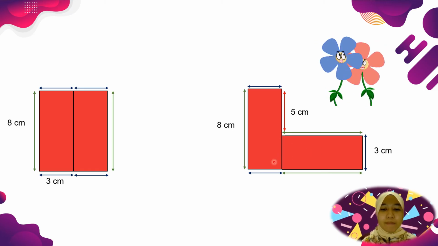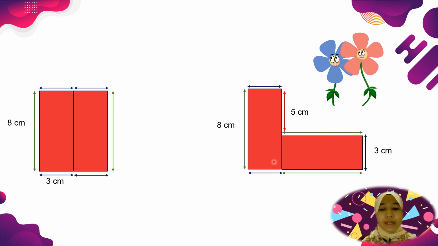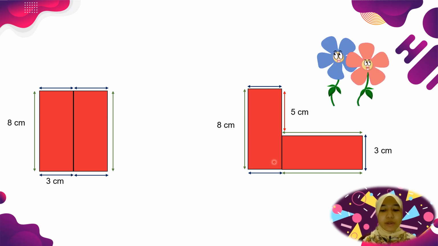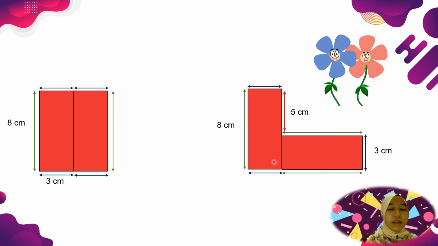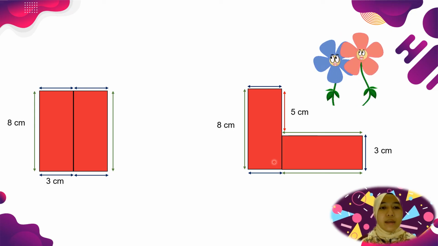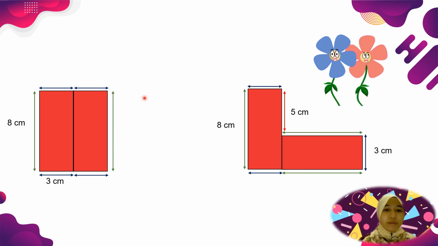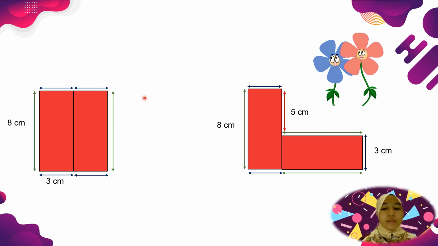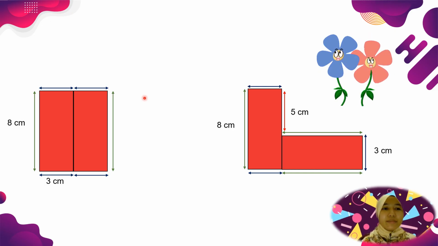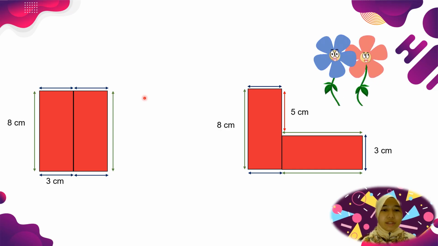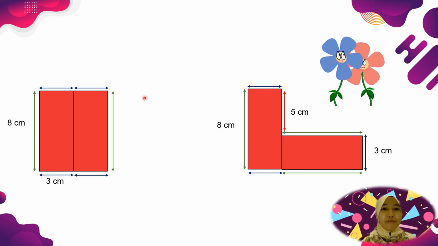This is just an example for your reference. You may design it with your own creativity. After that, you need to calculate the perimeter using the Malaysia flower tree method. Okay, you got it? Good. Have fun.